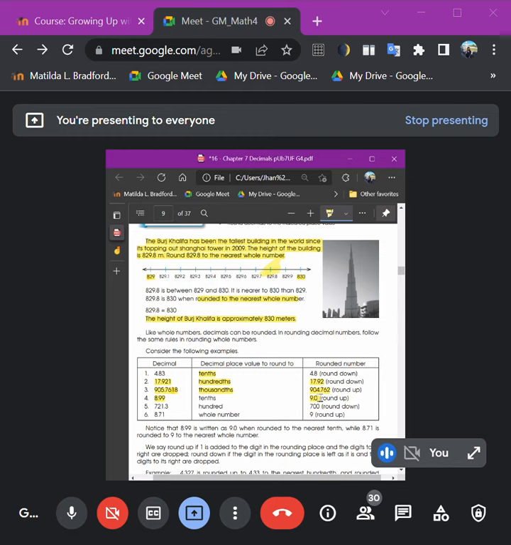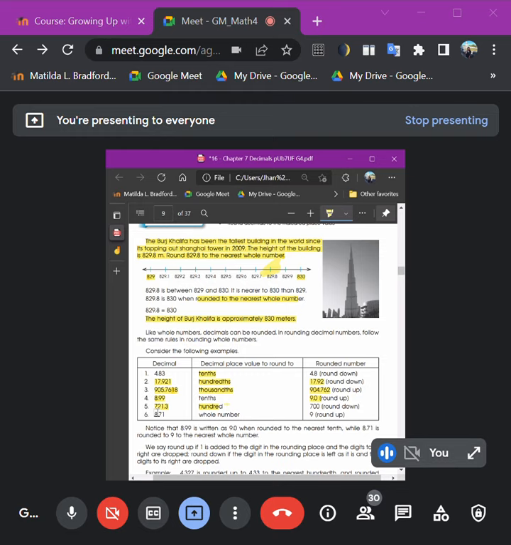So now, class, let's have our next example. 721 and 3 tenths. Then we're going to round it off to the hundreds place. So, where is the hundreds place, class?